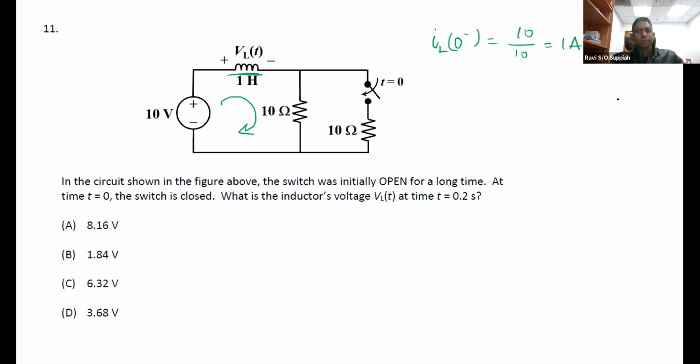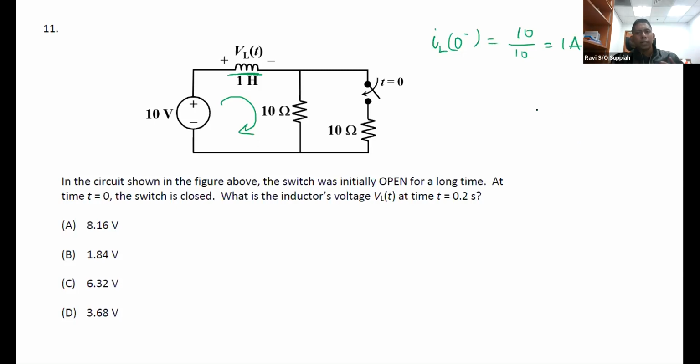And this is the same current at 0 plus, correct, because we know that current through the inductor cannot change instantaneously. So when I first close the switch, it will also be 1 ampere. When I close the switch, what I will see is an inductor and 2 resistors.